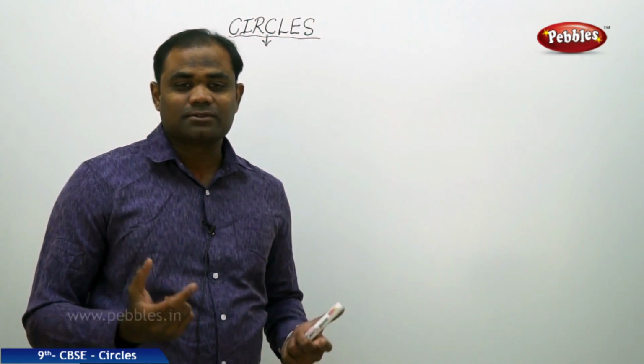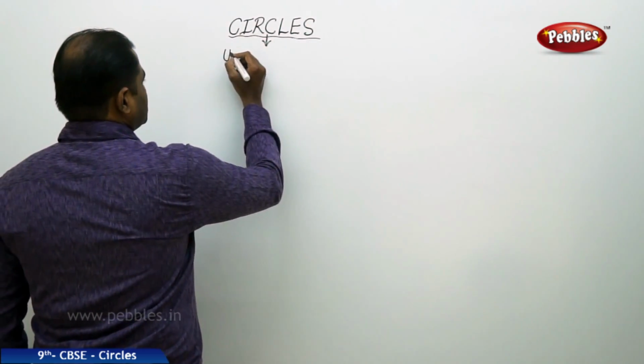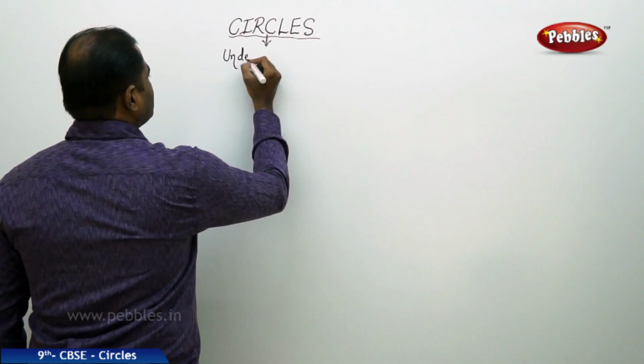Now that we have discussed the center and the radius, now comes the question on how we can connect the center and radius, or how we can define the radius in different ways. So here the session is about understanding the radius.